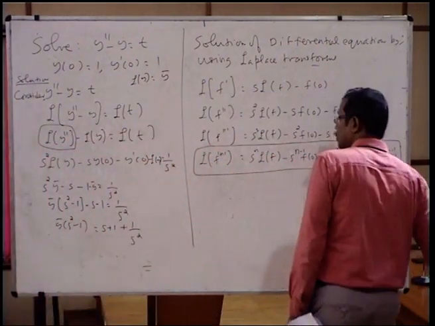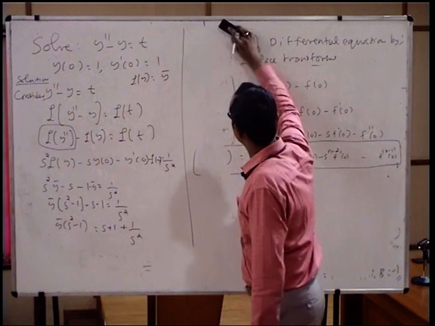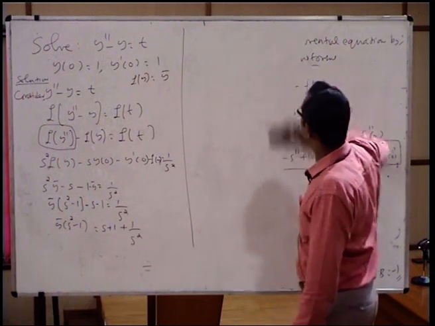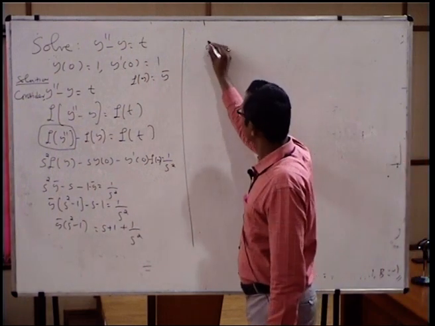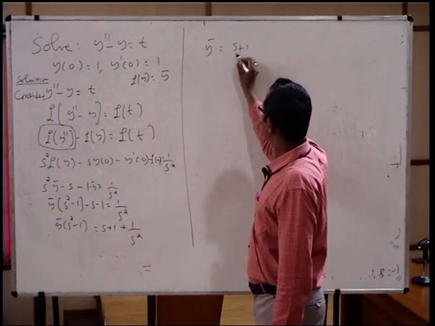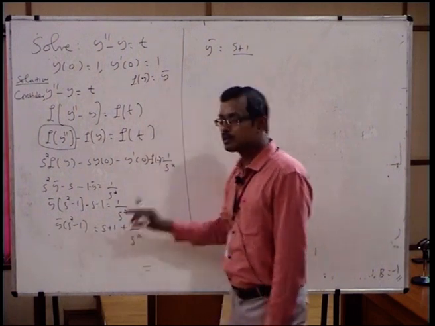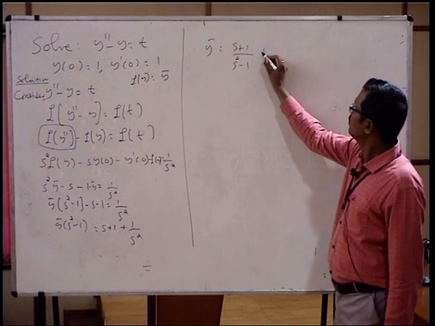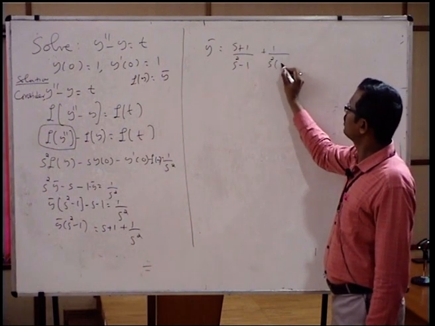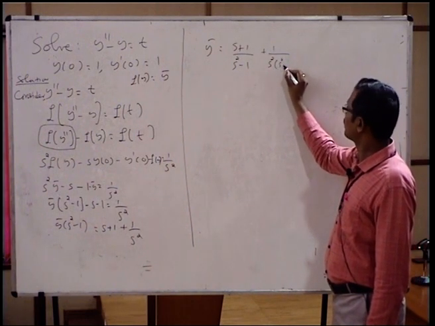Therefore, y bar equals s plus 1 divided by s square minus 1, plus 1 by s square into s square minus 1.